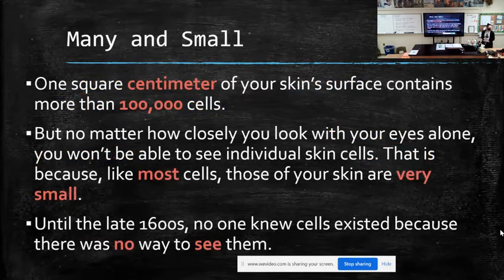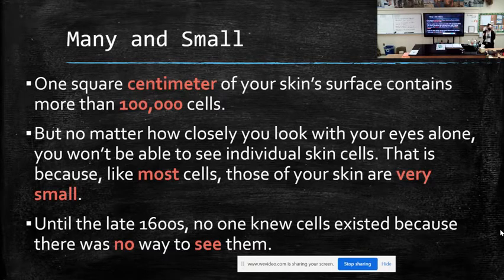Okay, so cells are very, very small. I'm sure, hopefully you guys know that. But if you looked at your hand, 1 square centimeter of your skin surface contains more than 100,000 cells. Okay, just that little itty bitty centimeter.